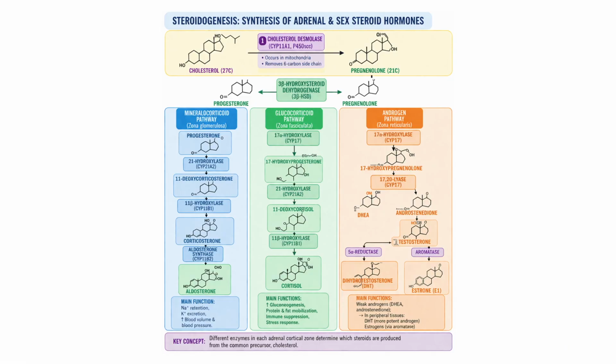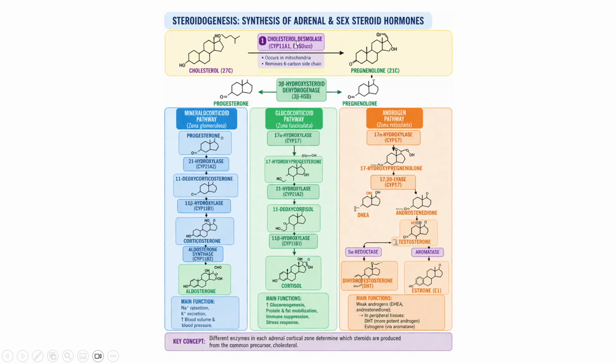Then we also talked about steroidogenesis last time, where we talked about how these hormones are synthesized. Steroid hormones are synthesized within the adrenal gland. The main starting material for the steroid hormones is cholesterol, a 27 carbon molecule.